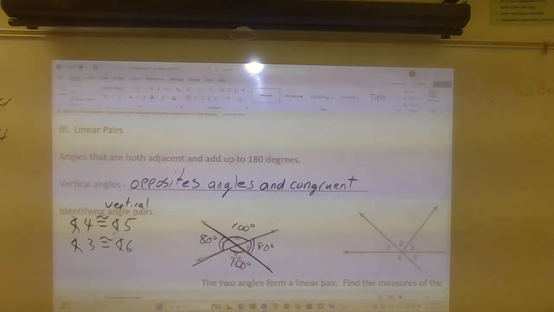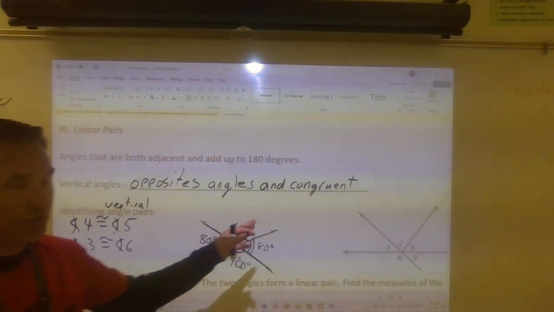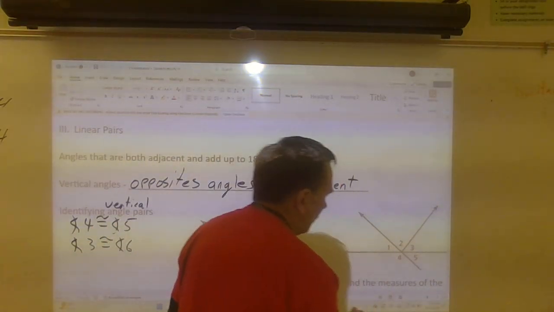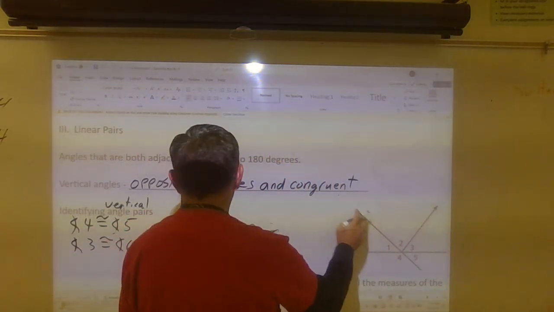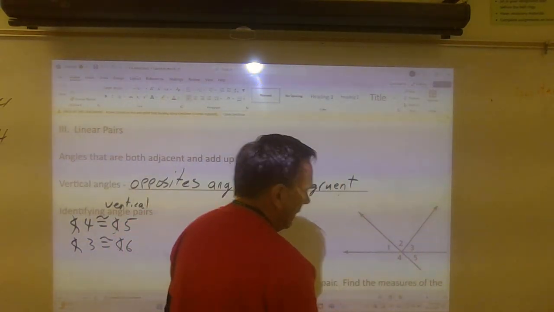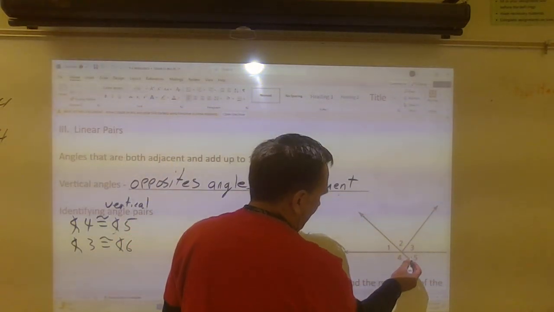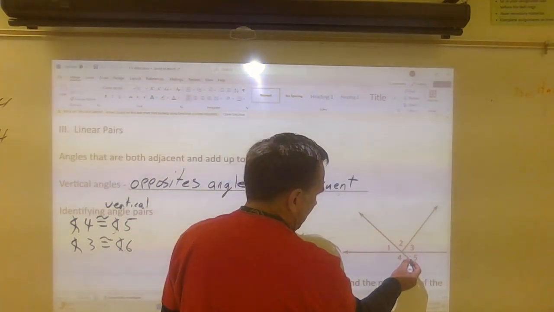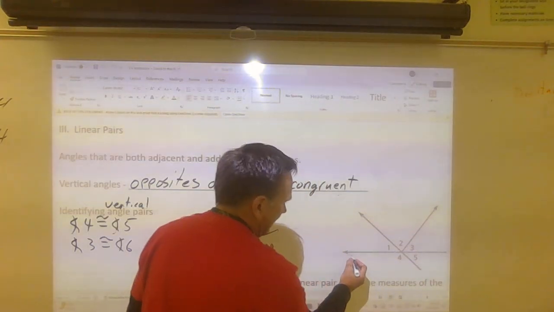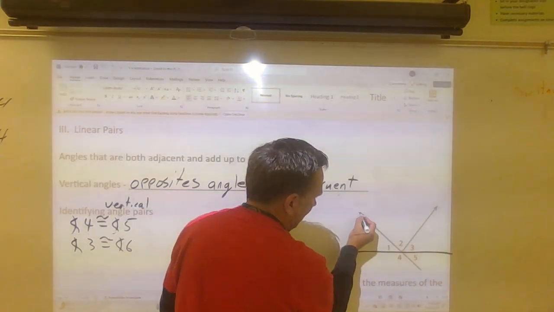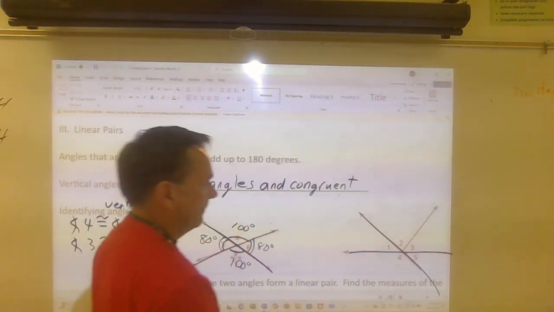Now sometimes it gets a little bit confusing just the way the lines are drawn. So if I'm looking for vertical angles here, I see that I have a line here, and I have a line there.